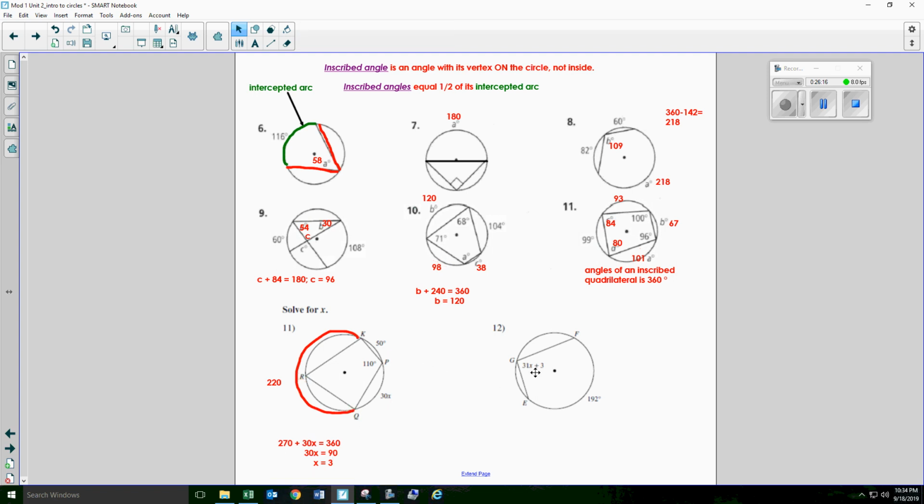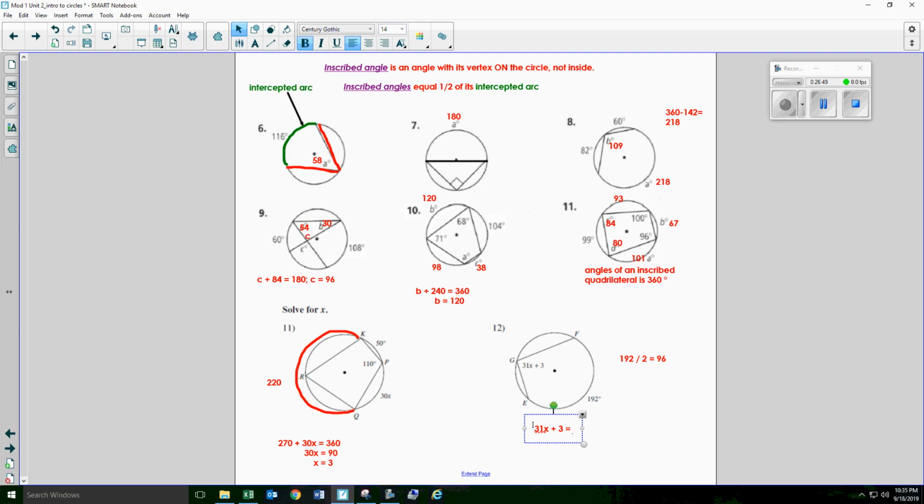Okay, here, remember, this angle equals half of this angle. So what is half of 192? Take 192 divided by 2, which equals 96. So that means 31x plus 3 has to equal 96.